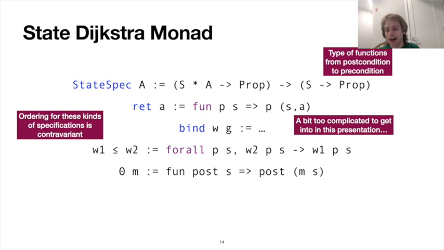We have an at-length explanation as to why you might expect this, why this is actually a good intuition. And theta m is the function that takes postcondition post and input state s to the proposition post holds on m s, which, if you look at closely enough, you should see is the weakest precondition transformer.